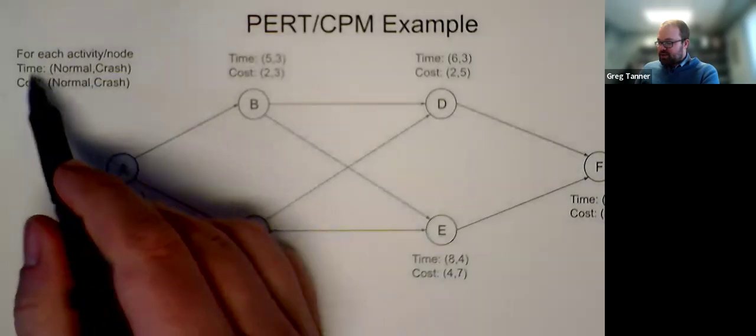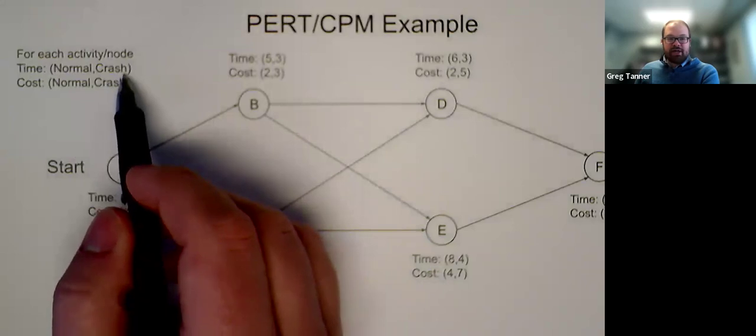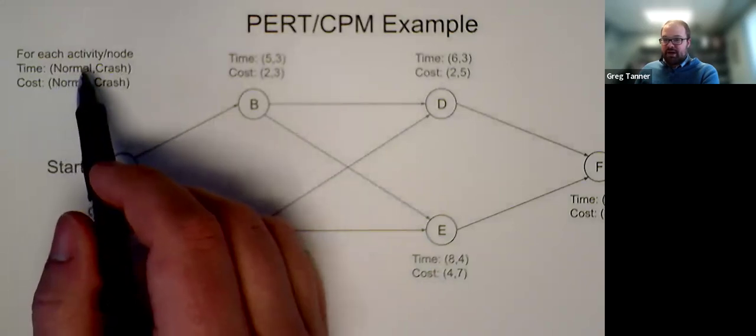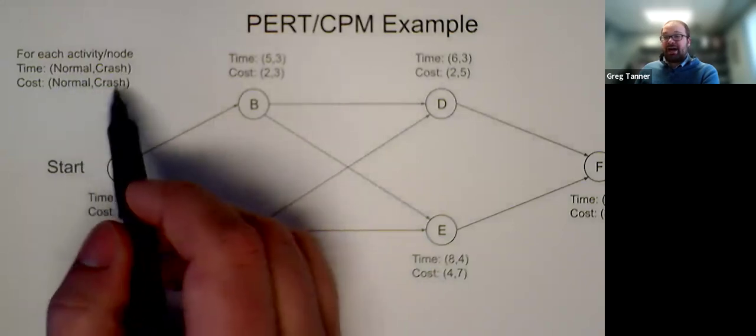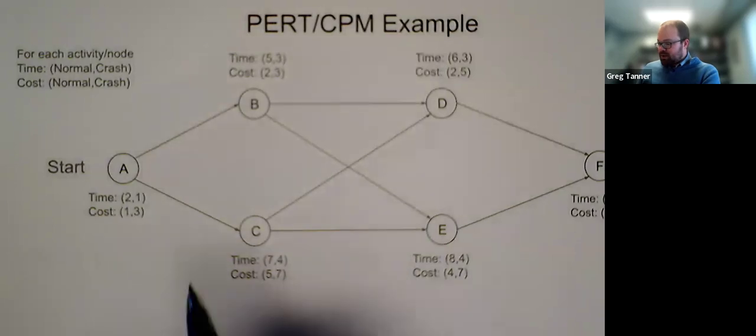So each activity has a normal time and a normal cost, but also a crash time, which would be less than the normal time, and a crash cost, which should be higher than the normal cost. And so you can pay more to finish the activity sooner. Okay.